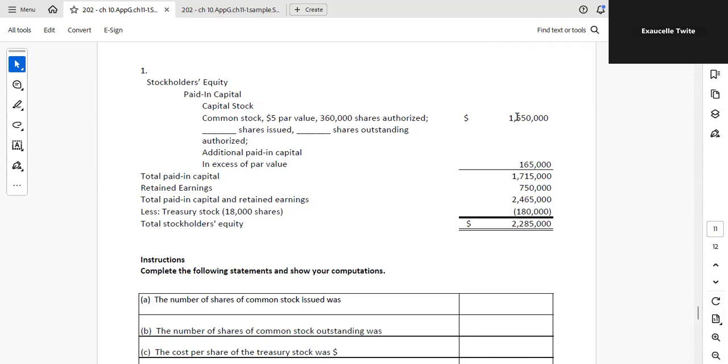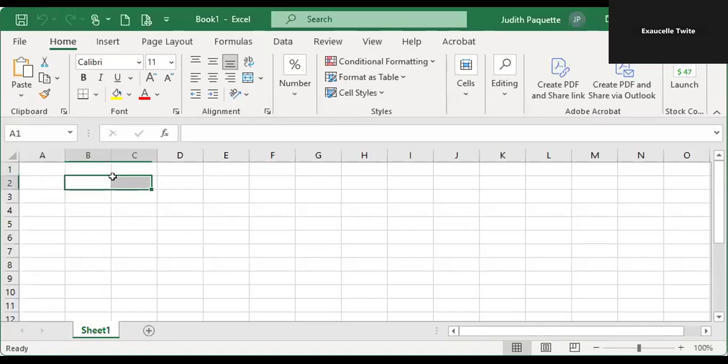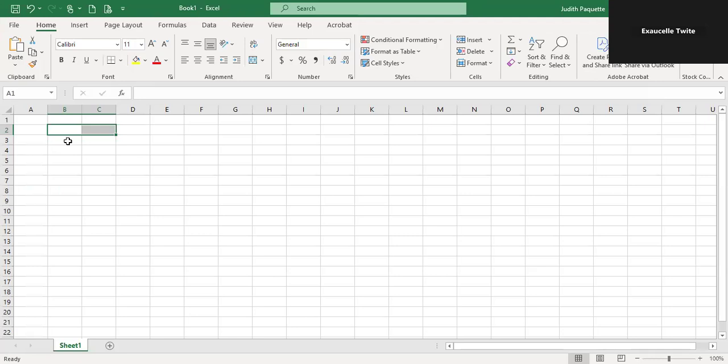So let's just do that. Share. So let's imagine we have the T account here. Can you see my Excel spreadsheet now? Yes. Okay. Excellent. We're going to just do some T accounts.